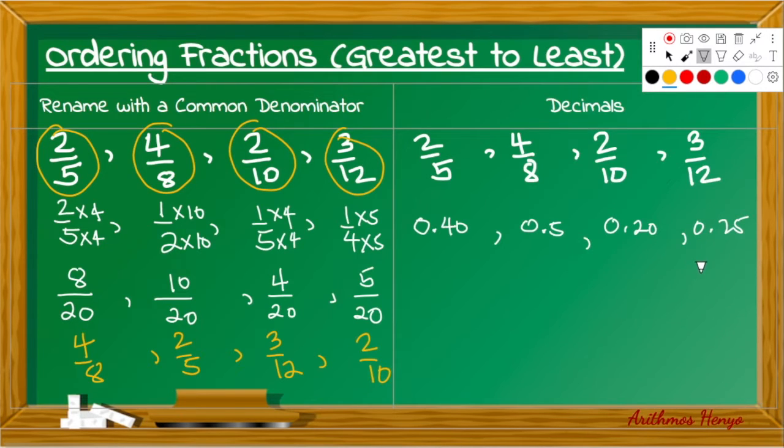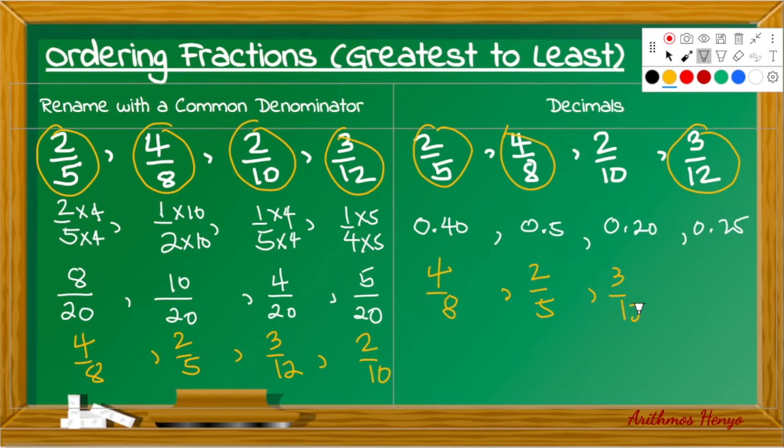Let us arrange this from greatest to least, and the greatest is 0.5. That is 4/8. Next is 0.40 or 2/5. Next is 0.25, 3/12, and lastly 2 tenths.